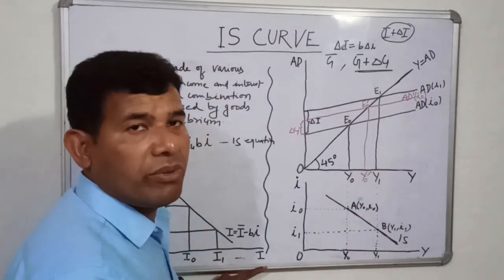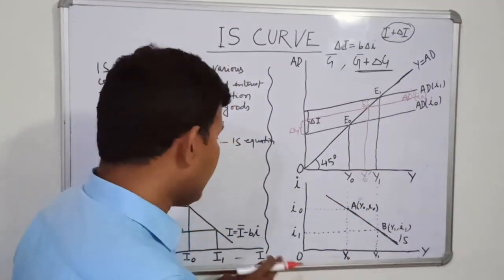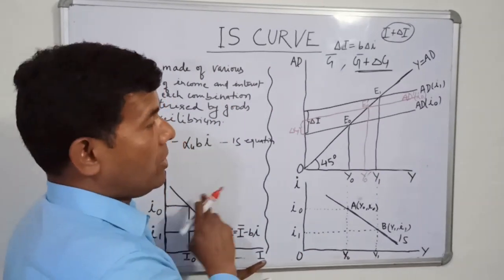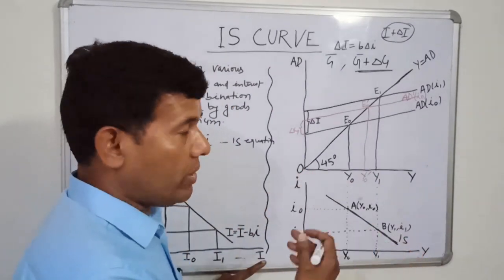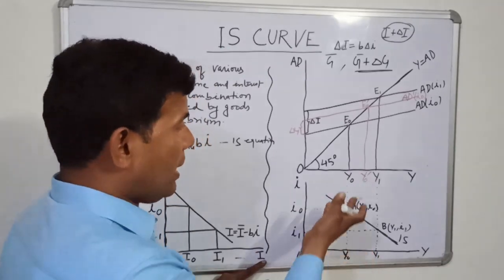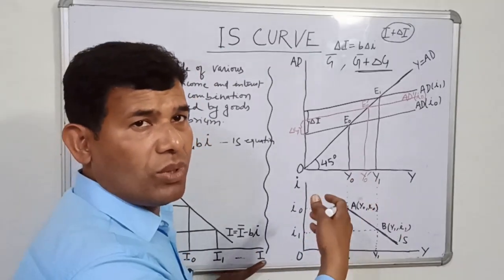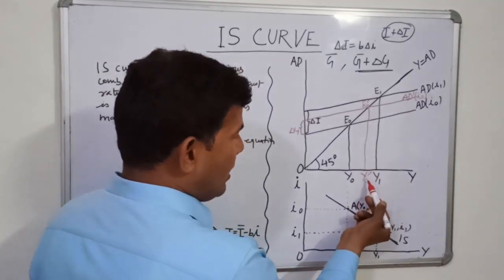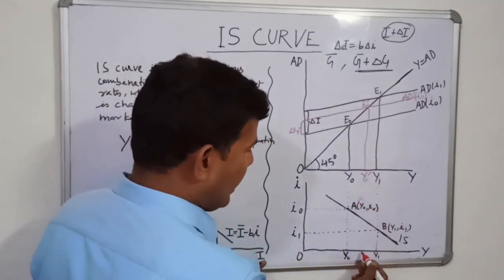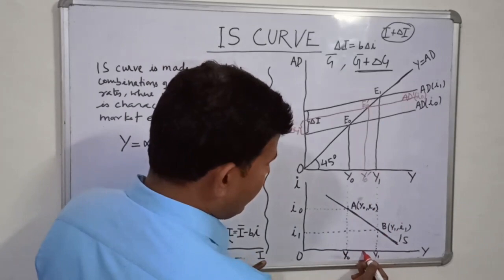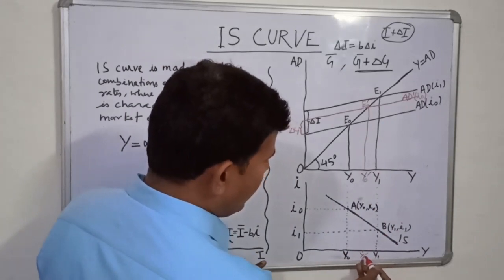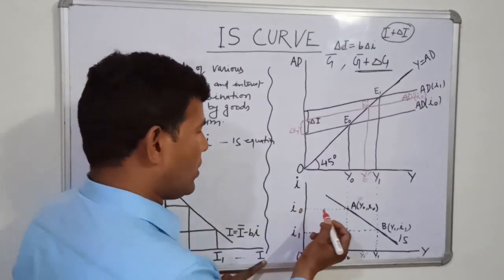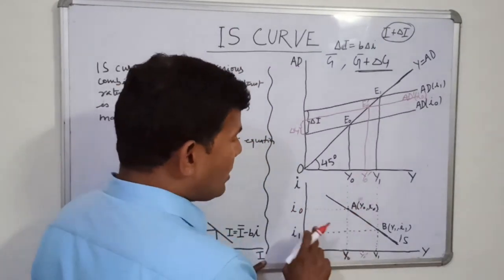So this is your new equilibrium income, and that has happened at the I0 interest rate. Why? Because the government expenditure has gone up, and when government expenditure goes up, income rises through the multiplier, right? Now we can identify this I0 dash in the second diagram. Let us say it is here, I0 dash. Now this I0 dash is associated with which level of interest rate? I0. Now where would the combination be shown?